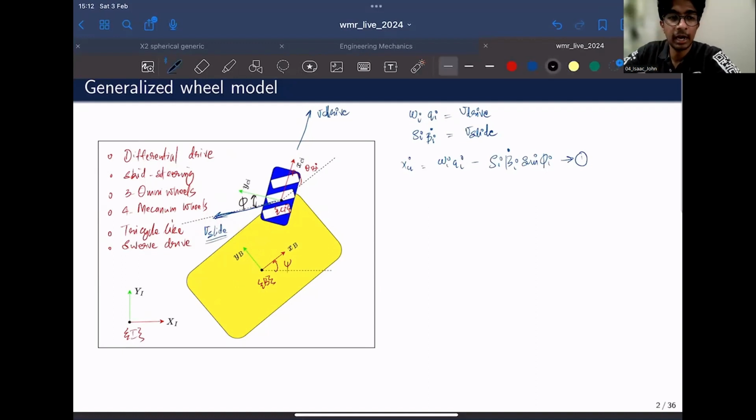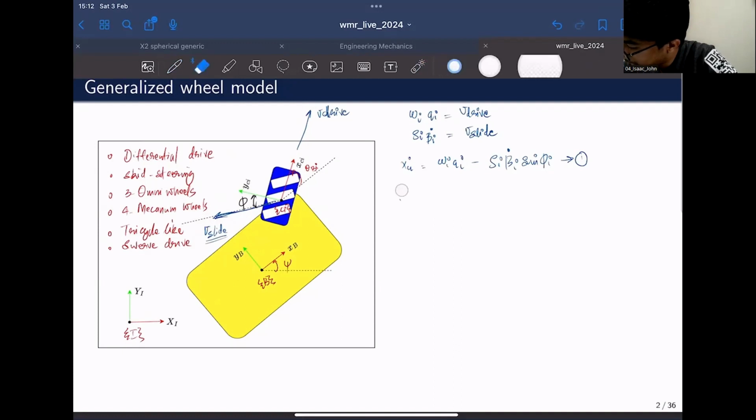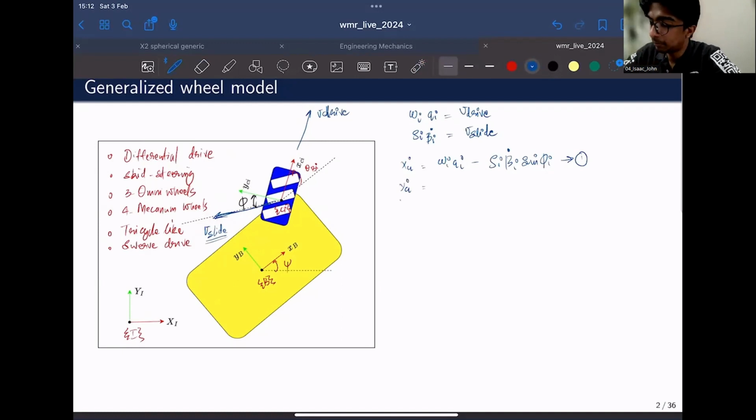Resolving everything along the YCI axis, the resultant velocity, YCI dot, would be: there will be no component of V drive along YCI because V drive is fully along XCI. So the only component of YCI velocity would be V slide cos phi, which is this component.